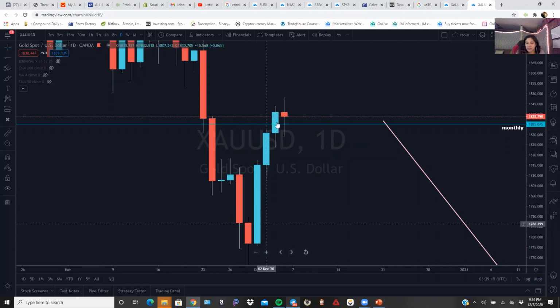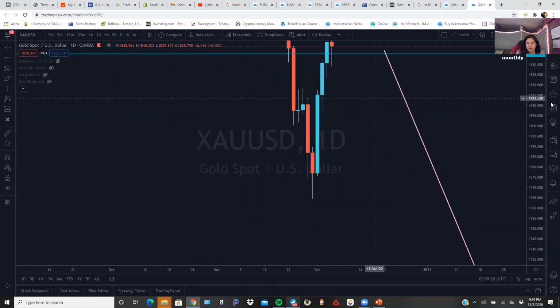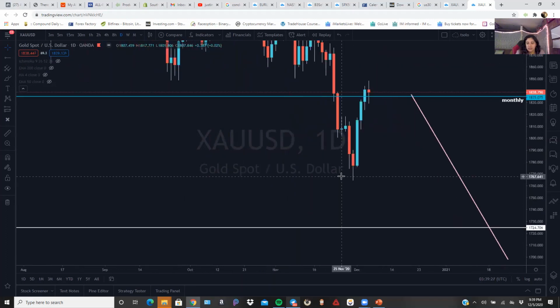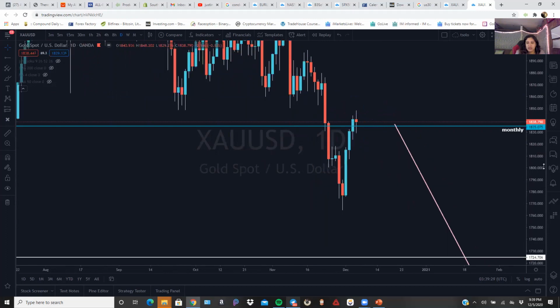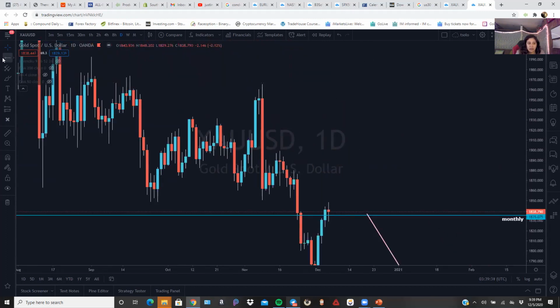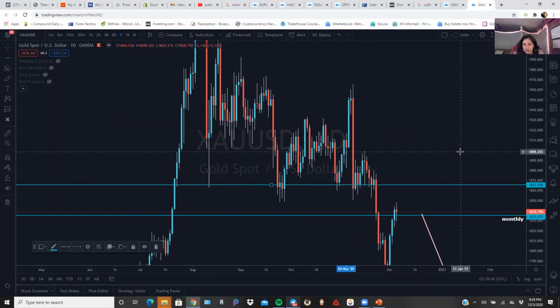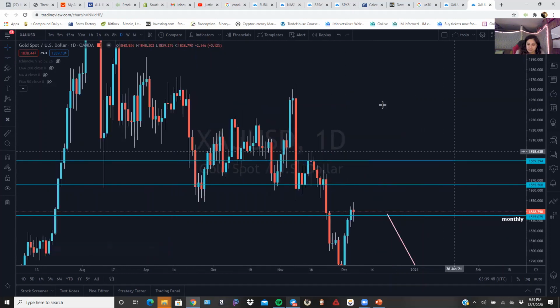We broke down. We came here. We tested. We should definitely see another drop down. And if we don't, and price holds here, then that's okay, because you will be able to see that price will at least come back up into this area and potentially this one.